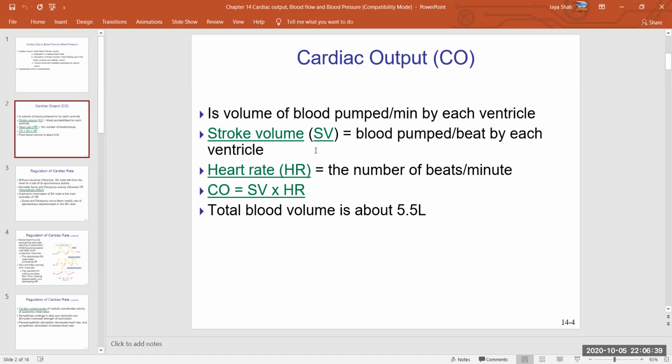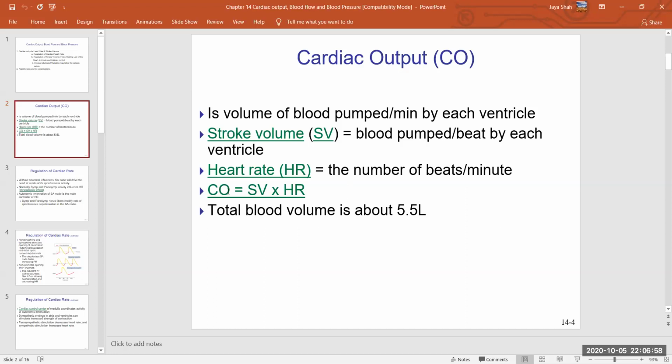Heart rate is the number of beats per minute. The equation here: CO equals stroke volume times heart rate.